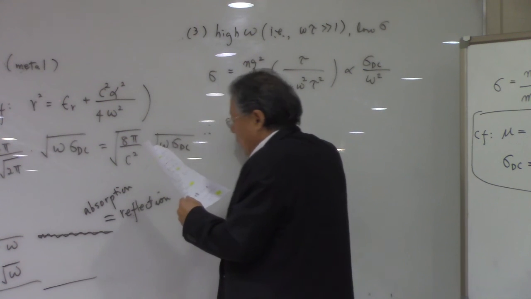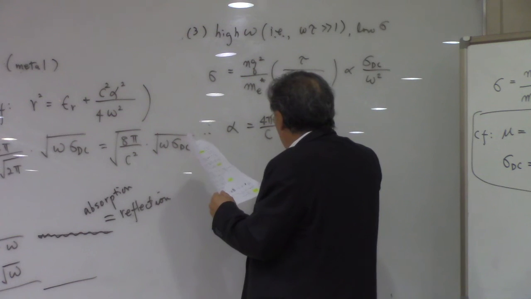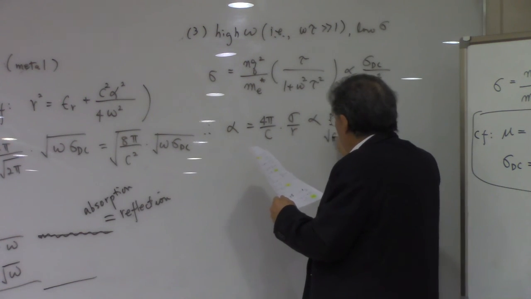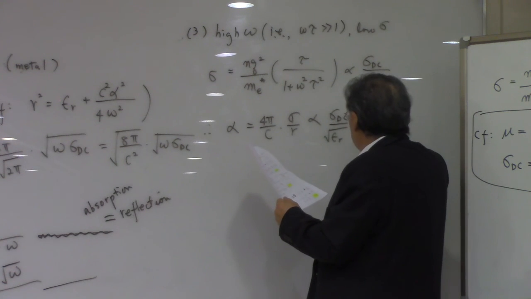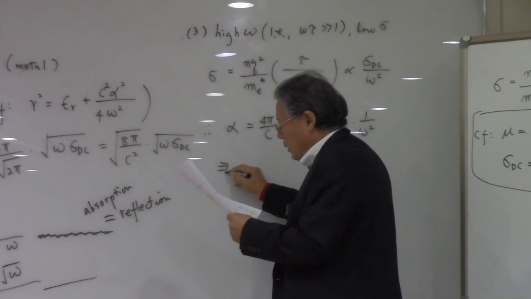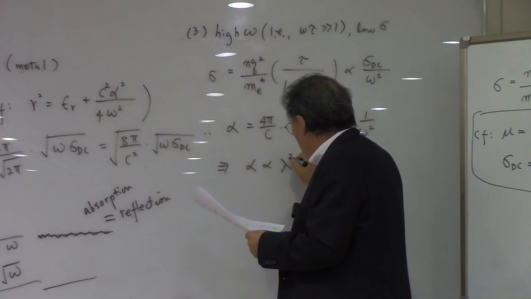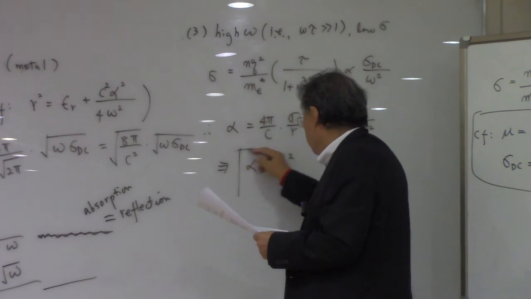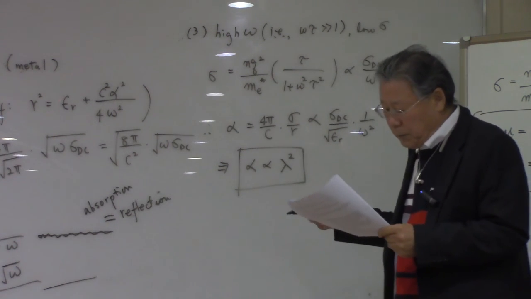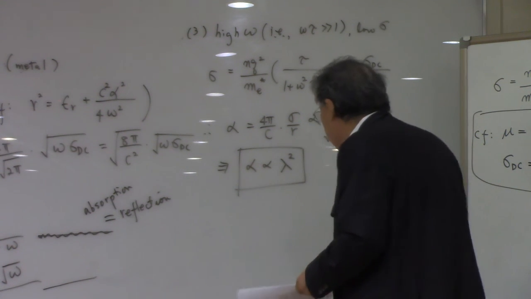Okay? So alpha is 4 pi over c sigma over r. Now it is sigma dc over square root of dielectric constant and 1 over omega squared, which means now the absorption constant is proportional to lambda square. Okay?